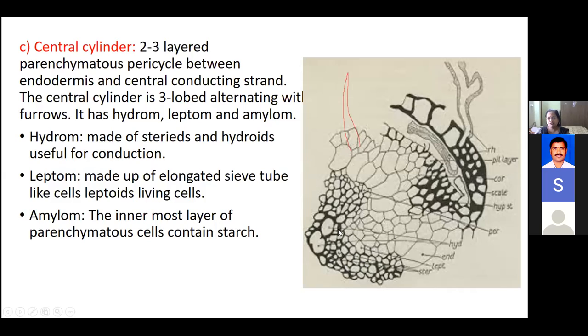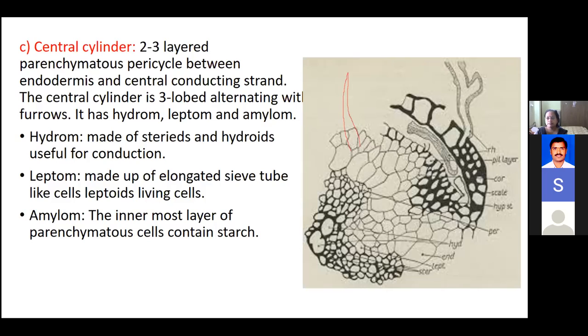What are this hydrome and leptome? They refer to tissues just like the xylem and the phloem of the higher vascular plants. What are xylem and phloem called? They are the vascular tissues. They are the conducting strands. So what is the use of xylem tissue?